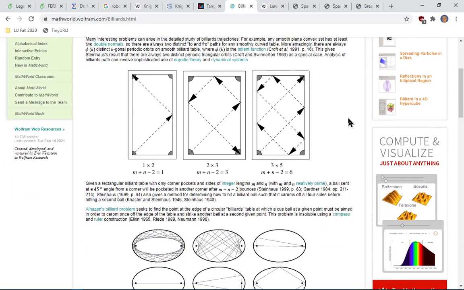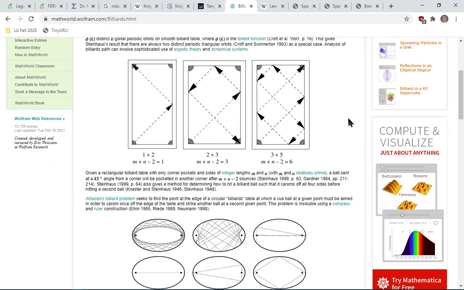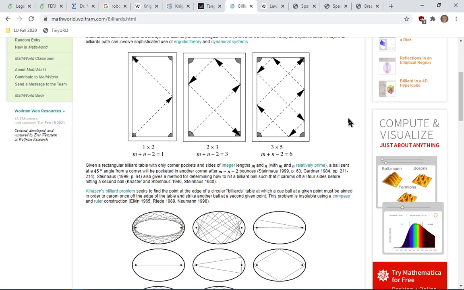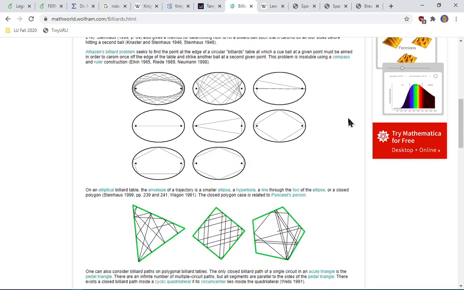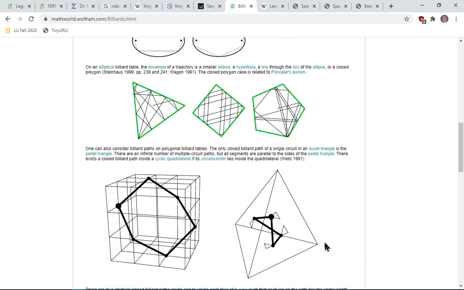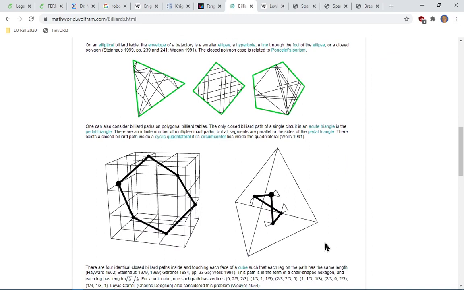If the pool table is in the shape of an ellipse, you will see some very interesting pattern emerging out of this problem. If you look at pool tables in the shape of these regular polygons, other problems come up which are quite interesting. And some people even extend it to 3 dimensions. So imagine there was no gravity and this ball was being kicked and it's bouncing around some shape in space.